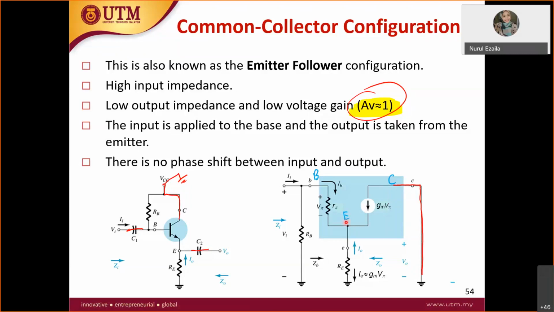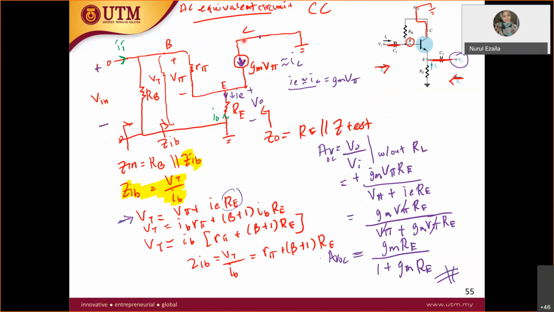For the common collector, you have base, emitter, and so on. This is common collector where the collector is grounded. You have the voltage source, and you have the output at the emitter and the input over here. For the Z out, if you still remember, you cannot take it straight away as equal to RE.